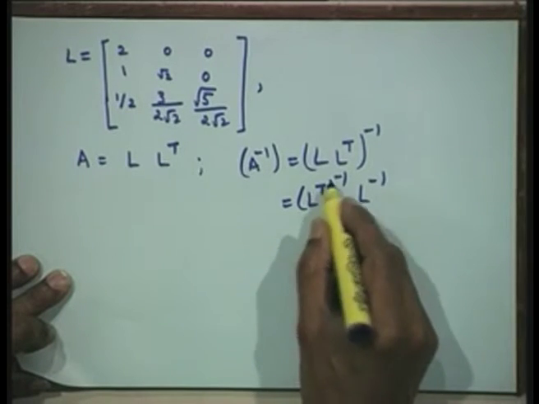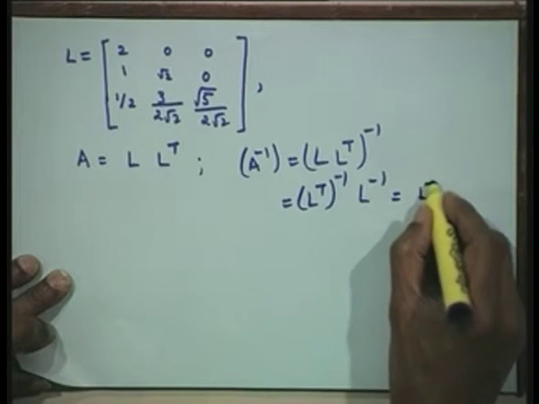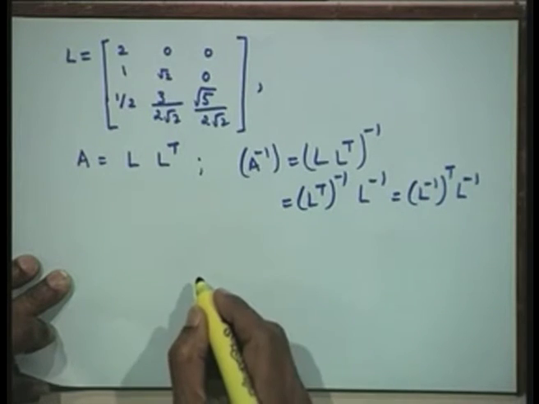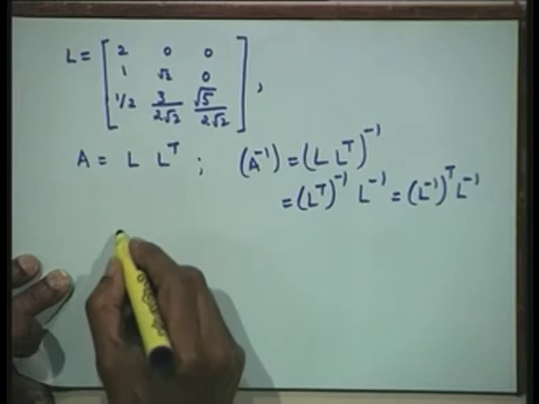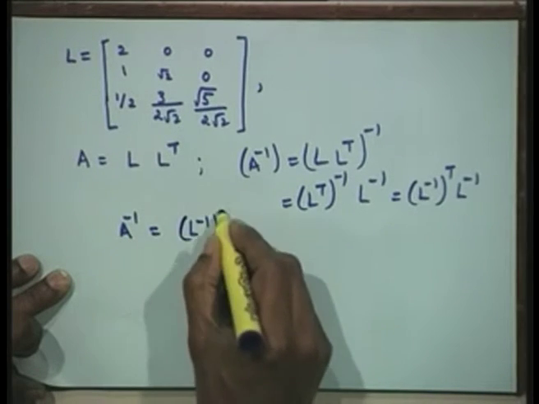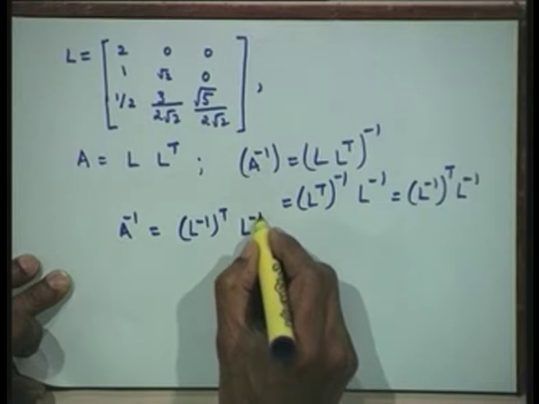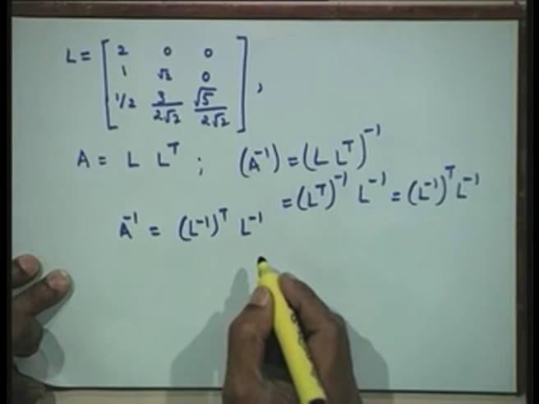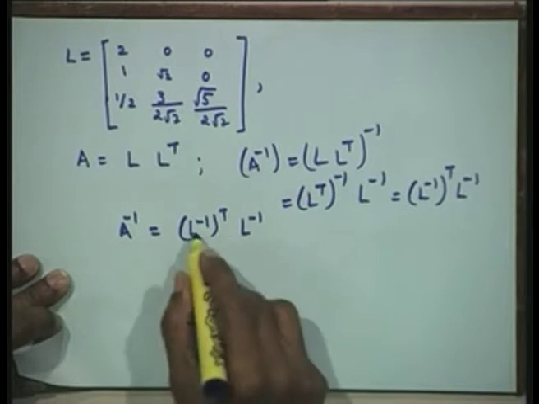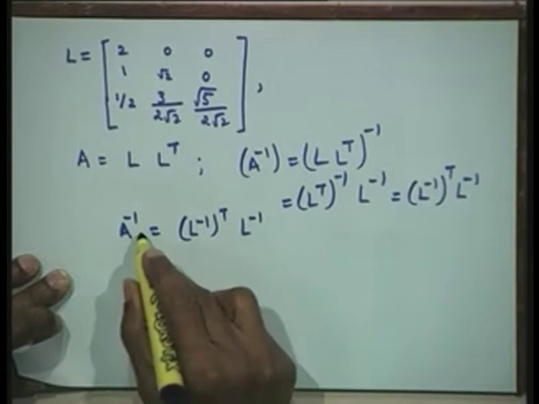Now, transpose and inverse can be interchanged. So, I will write down L inverse transpose L inverse. Therefore, our A inverse is simply L inverse transpose L inverse. Therefore, I need to get L inverse and then transpose it here and multiply to get my A inverse.